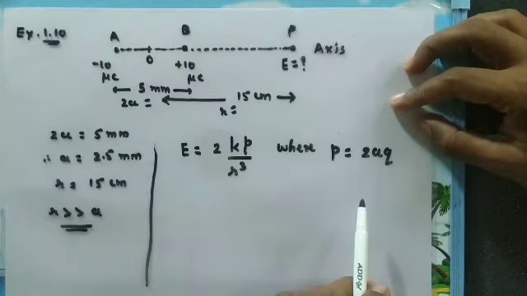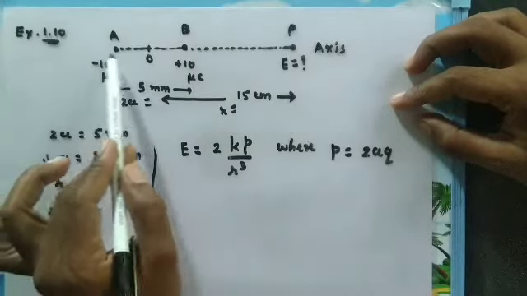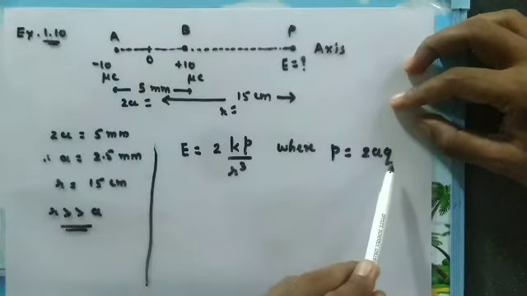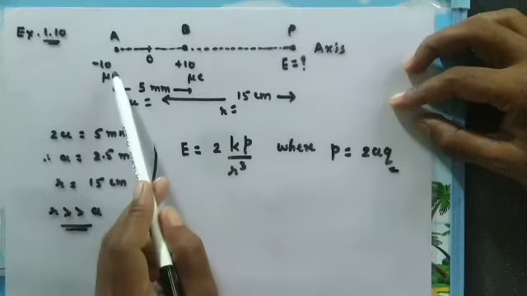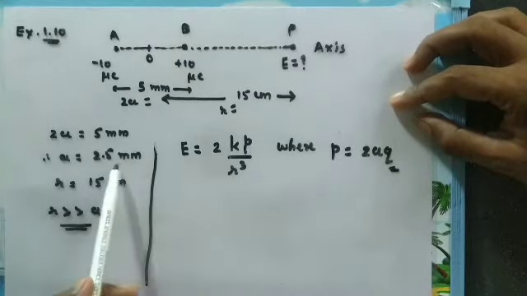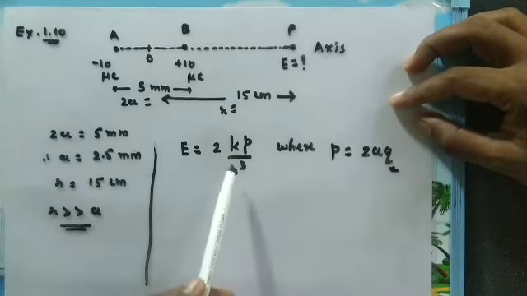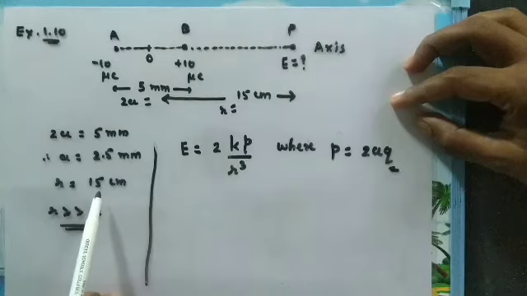Now here the charge is given. Charge Q is 10 microcoulomb. Distance A is 2.5 mm. Distance R is 15 cm.